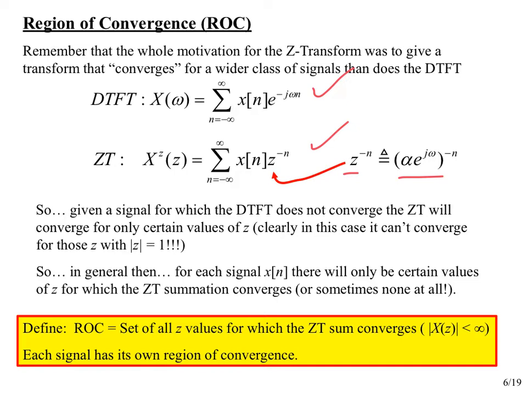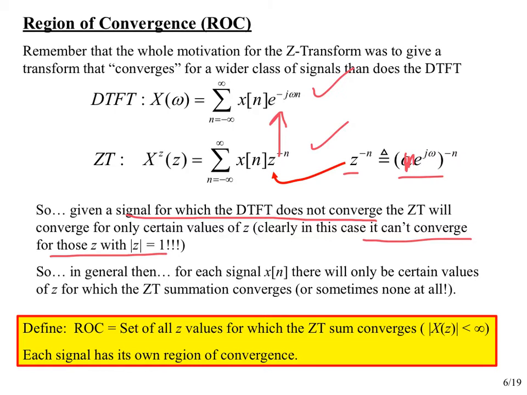Now, for a signal for which the DTFT does not converge, clearly the Z transform can't converge for those values of z whose magnitude is equal to 1, because that would be on the unit circle, and that would be replacing z by e to the j omega, and the Z transform becomes the DTFT.